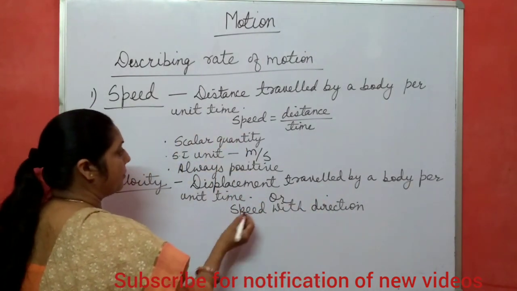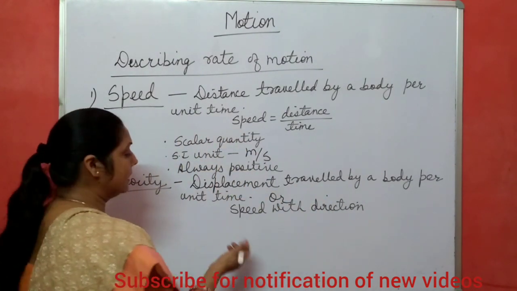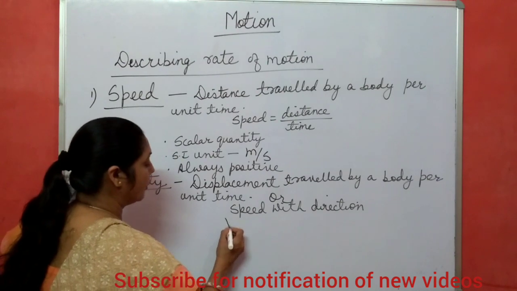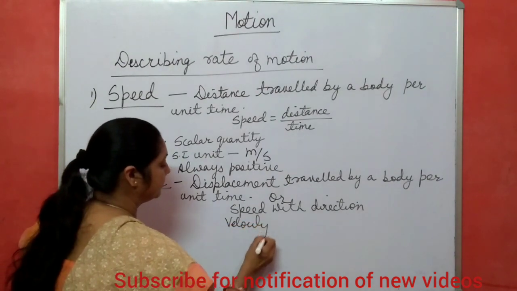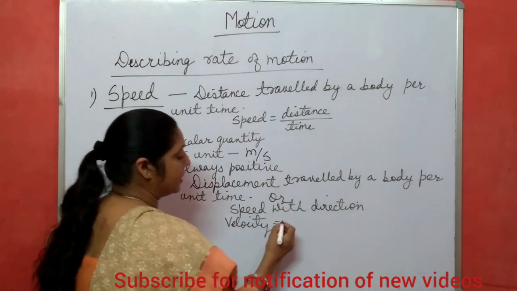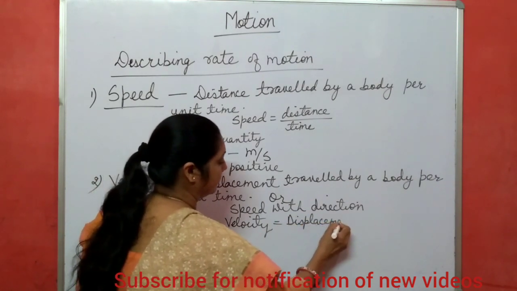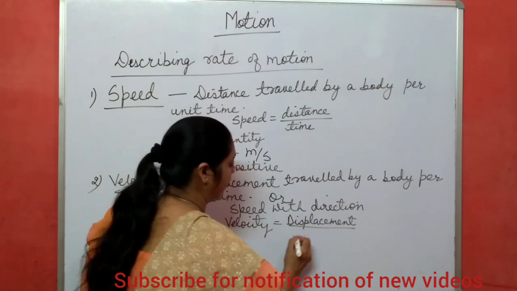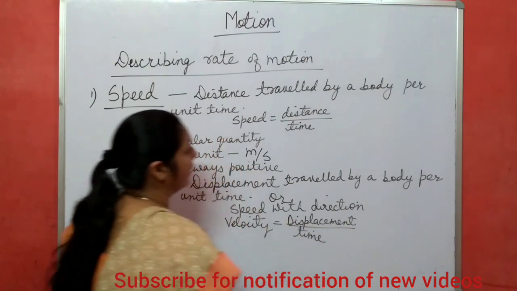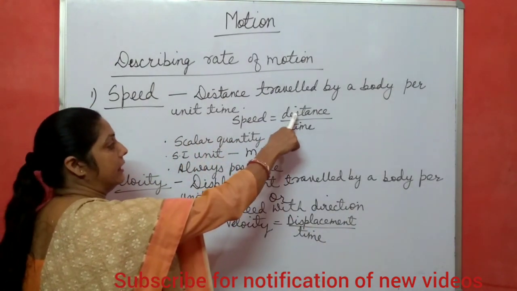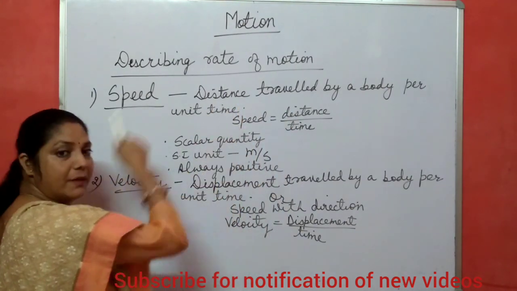So, what is its formula? When you are calculating numericals, its formula becomes velocity equal to, in place of distance, you write displacement by time. Okay. And one more thing, as here distance is a scalar quantity, that's why speed is a scalar quantity.